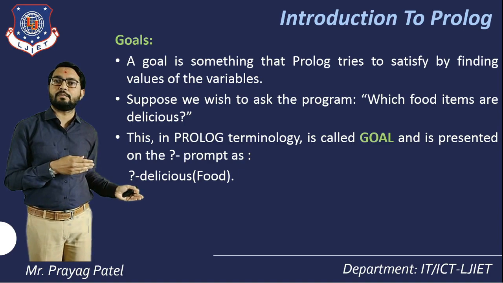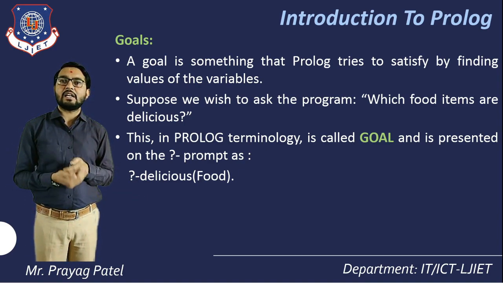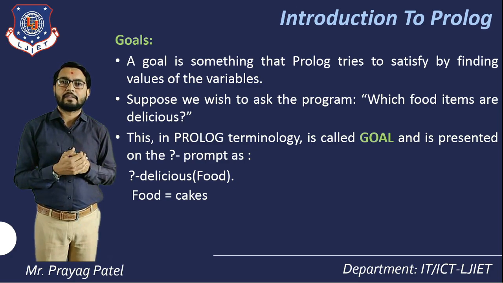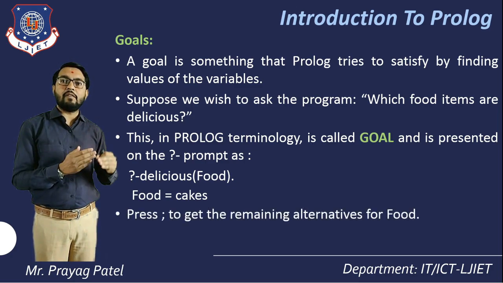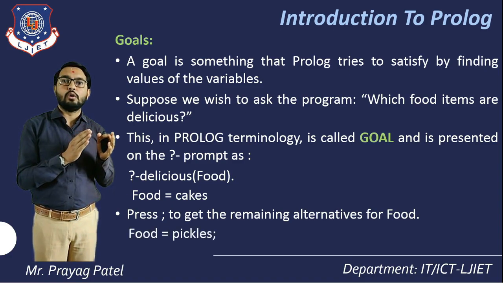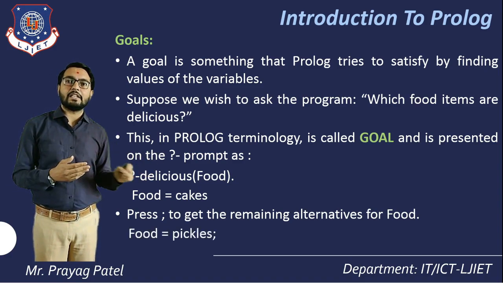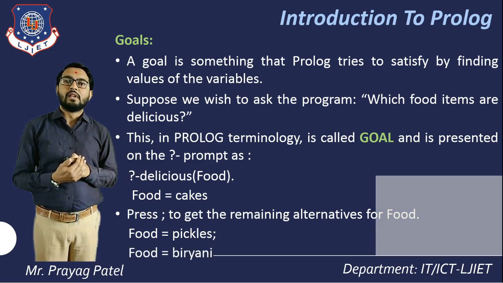So initially the prompt, then delicious(Food). Then what is the answer? So here which food items are delicious? So Food equal to cakes. If we write the semicolon, then we find another answer. So next answer is Food equal to pickles. If we write the semicolon and enter, then next answer is Food equal to biryani.